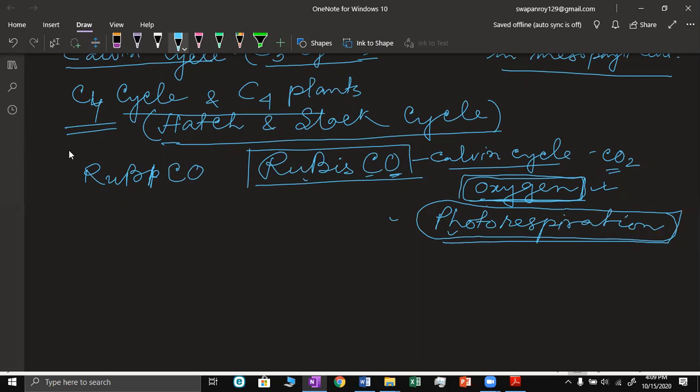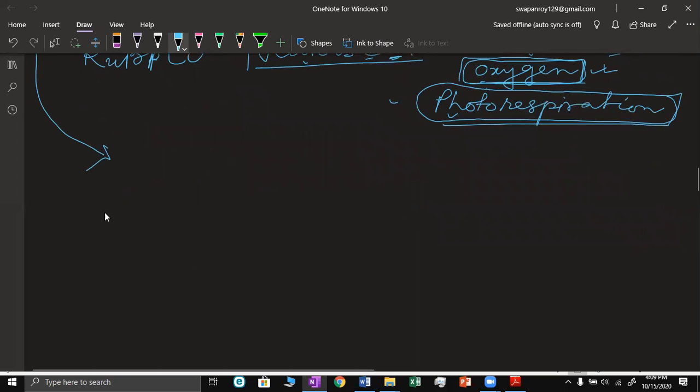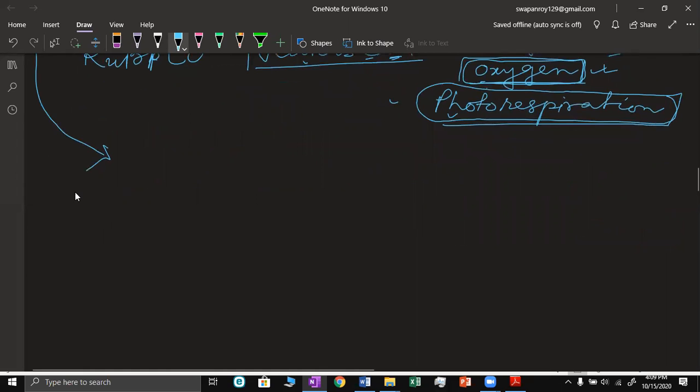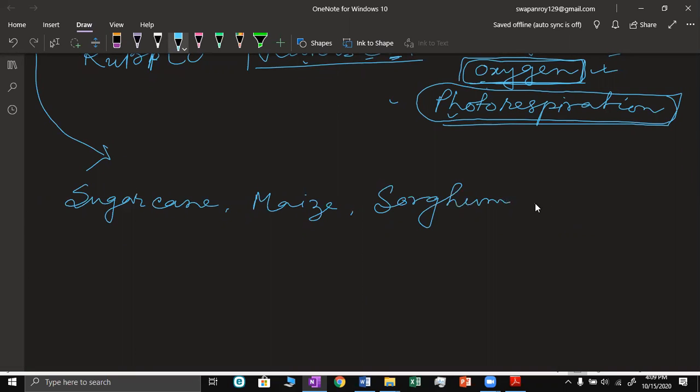First, today we will learn about the C4 plant or Hatch and Slack cycle. Some of the plants are sugarcane, maize, sorghum, etc. Some other plants are also there.